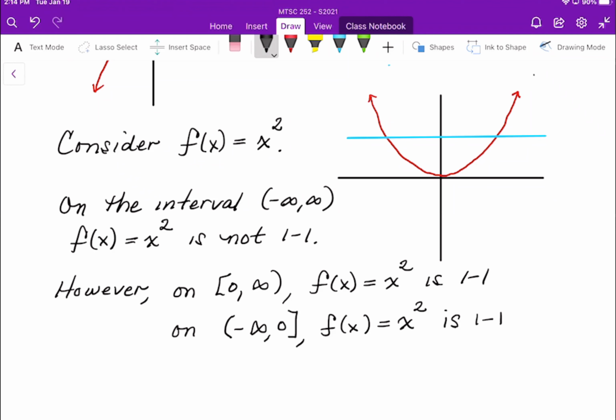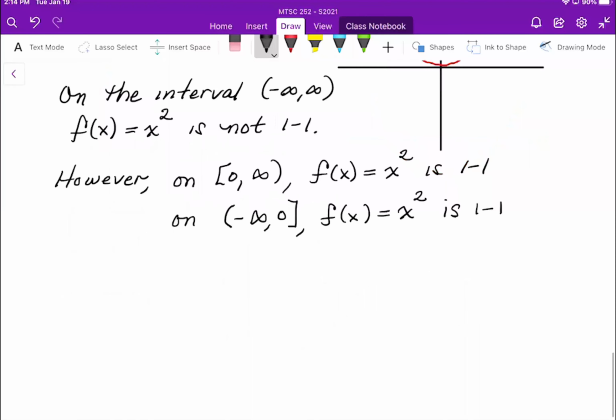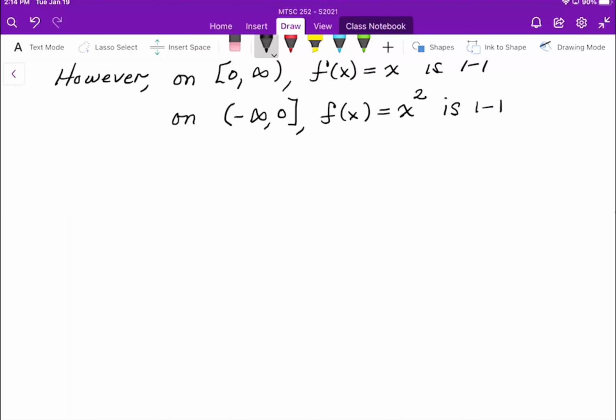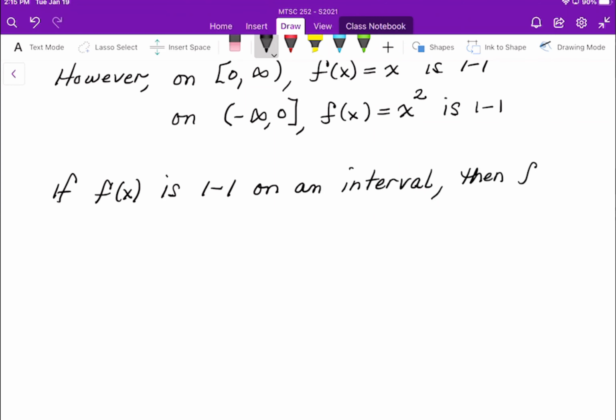All right, why is this important? If f of x is one-to-one on an interval, then f of x has an inverse on that interval.